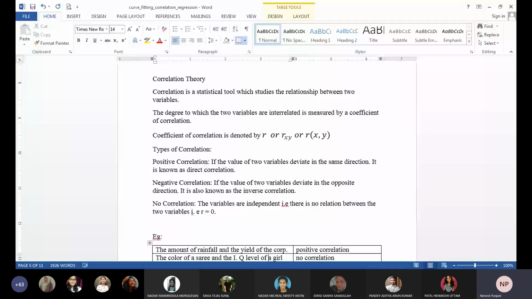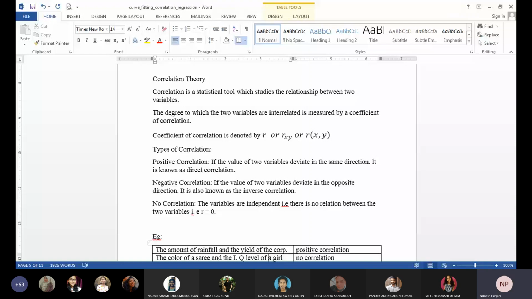Negative correlation: two variables deviate in the opposite direction. Then no correlation: the variables are independent. In this case, the value of r will be 0.